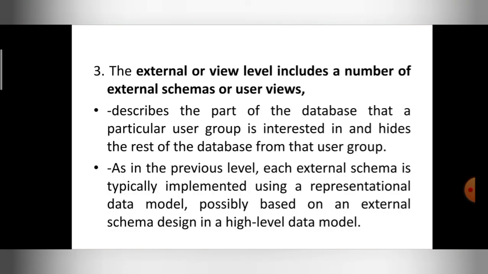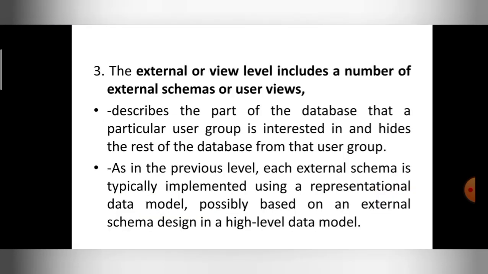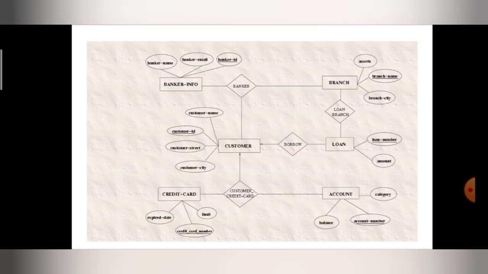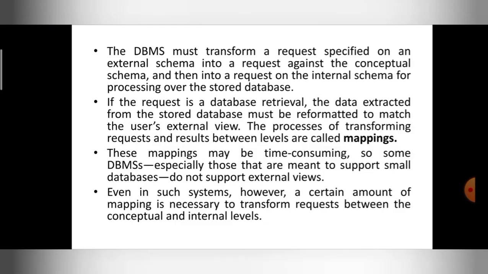You can directly delete Clearwater Bay, or you can delete all these branch names, but the diagram won't be affected. So this is nothing but physical data independence. You can change the internal details without affecting the conceptual schema, right? You can do that without any problem, right, guys?